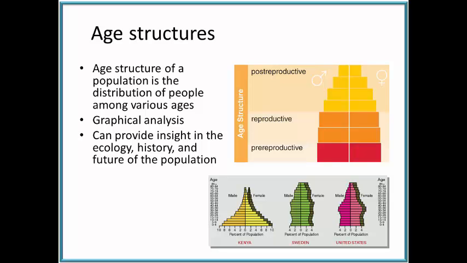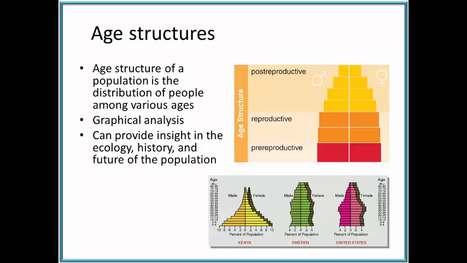And depending on the relative proportion of those three categories, we can make some predictions with regard to the overall growth potential of a population. Now let's look at the lower diagram. Kenya shows, again, this graph is very much the same. The only thing that's different here is they've divided it, instead of just into the three categories with regard to reproduction, by what looks like 4-year intervals, but it's the same idea.